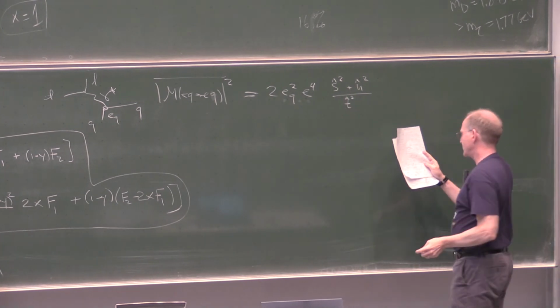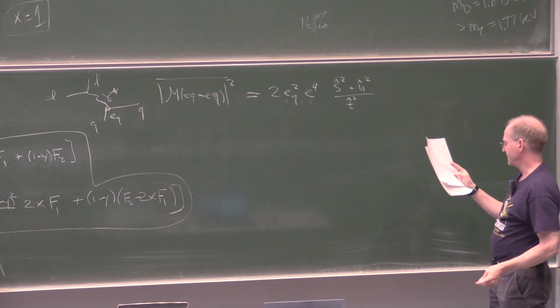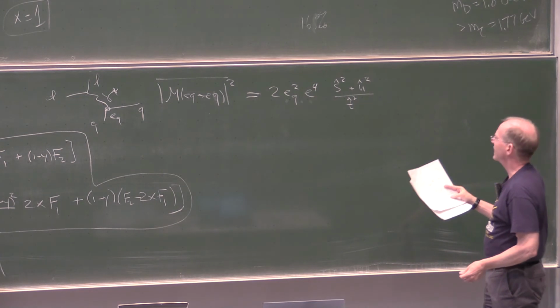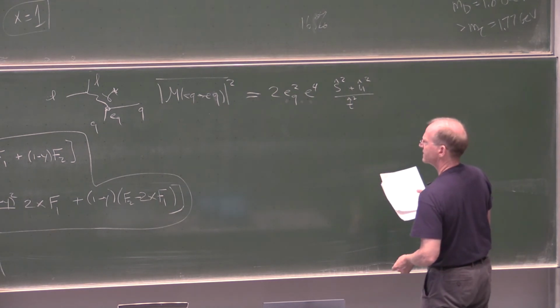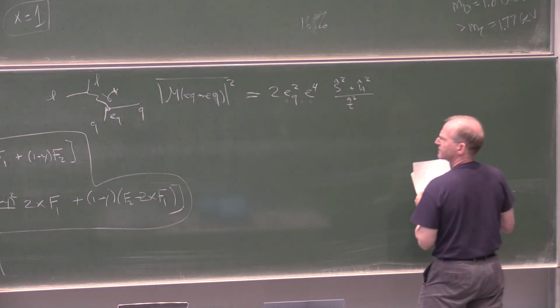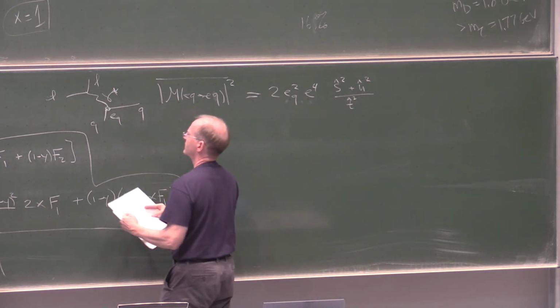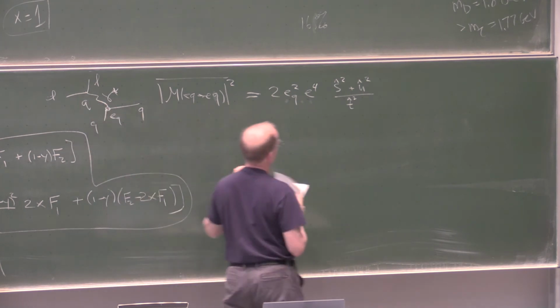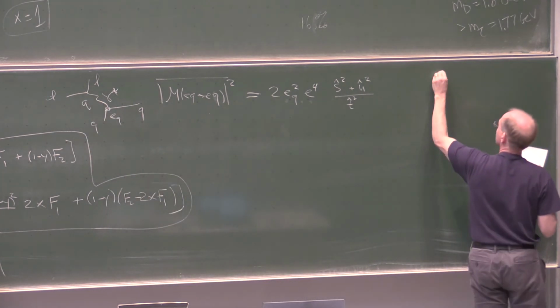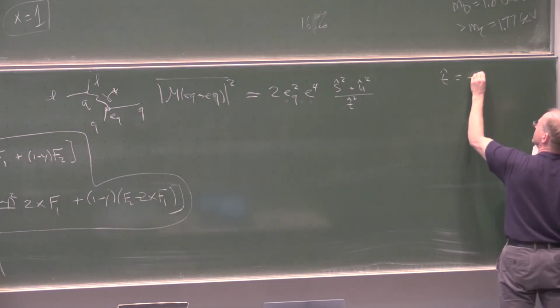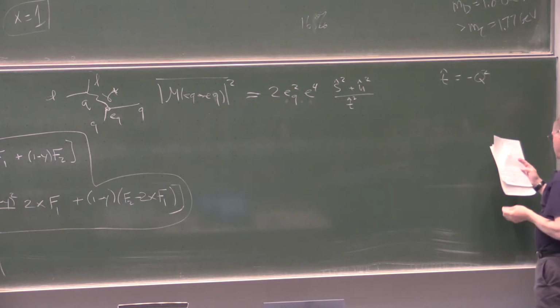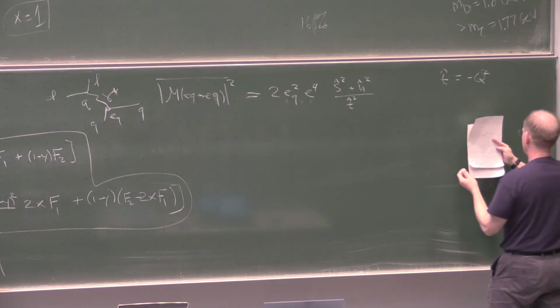They're all the same up to crossing, that is the relabeling of s hat, u hat, and t hat. And t hat is the momentum in the t channel. For this, that was just the momentum vector from the virtual photon, that is just minus q squared.